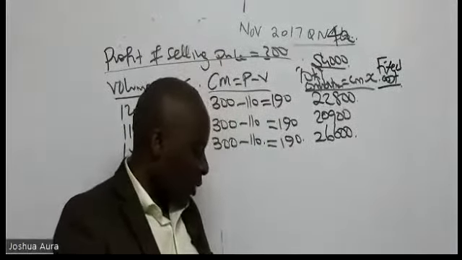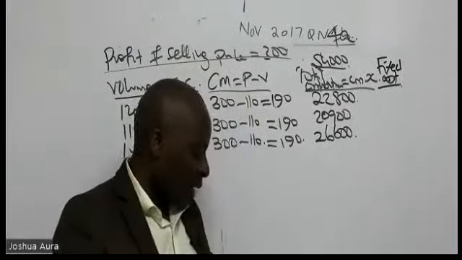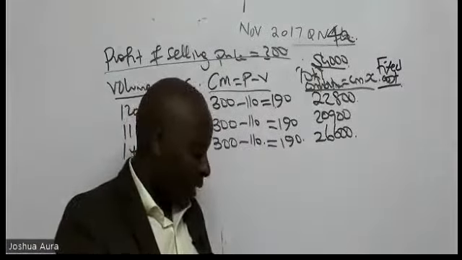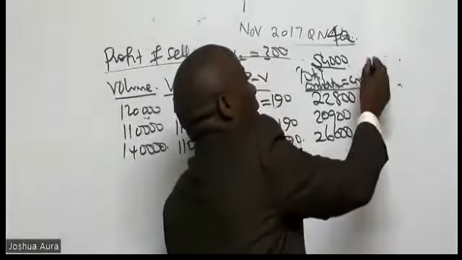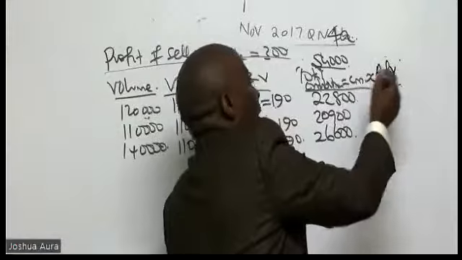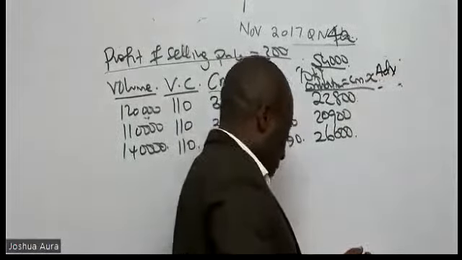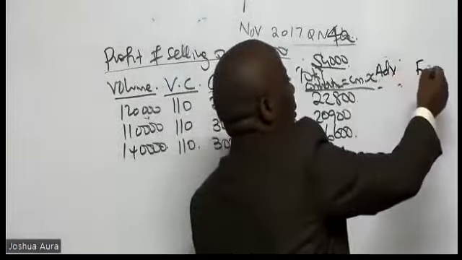They have told us there that we have got advertising cost of 9 million per annum. Right? So we have advertisement, and then we have a fixed production.